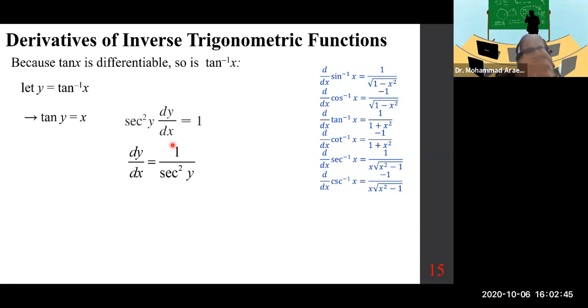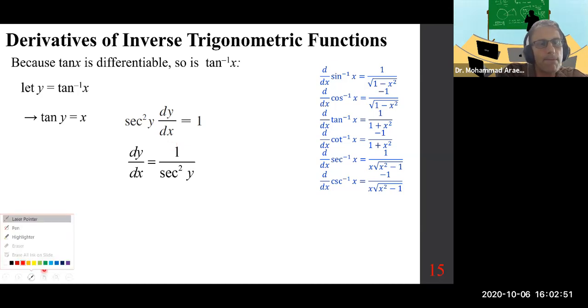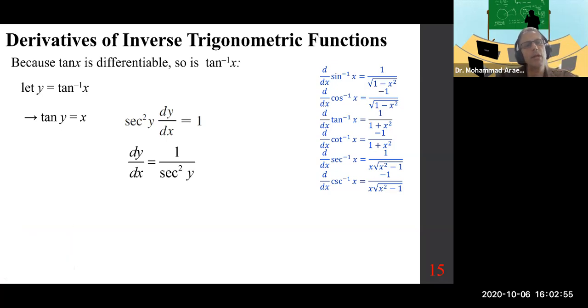And everybody remembers, again, the Pythagorean theorem. Let's just write the first one: sine squared plus cosine squared is 1. This is part of the Pythagorean identities.